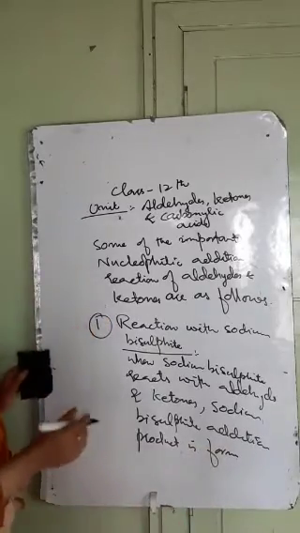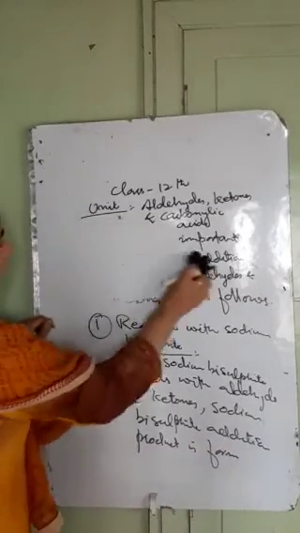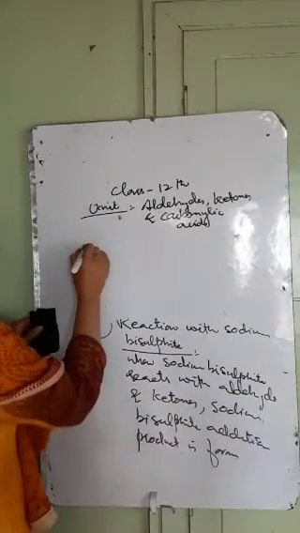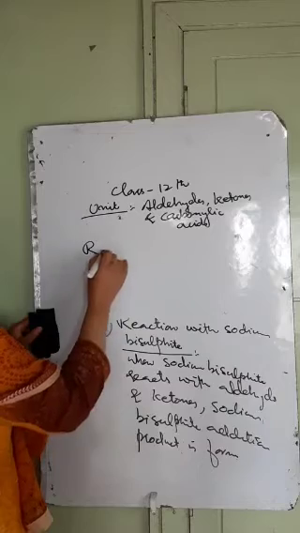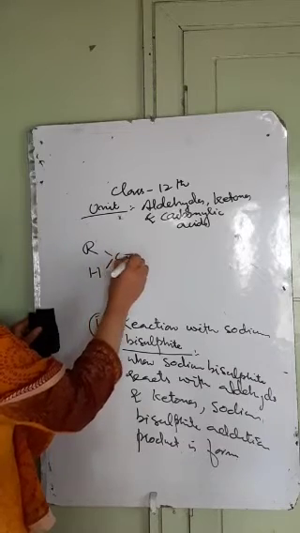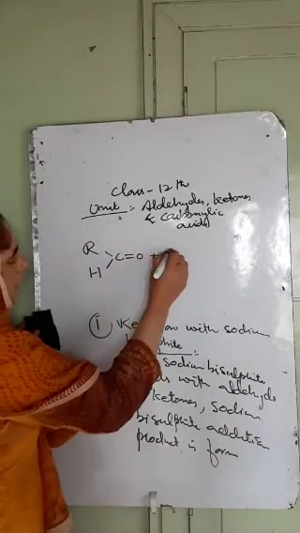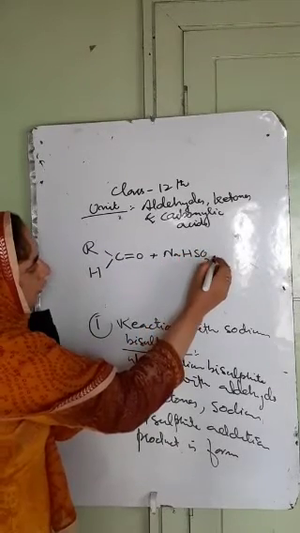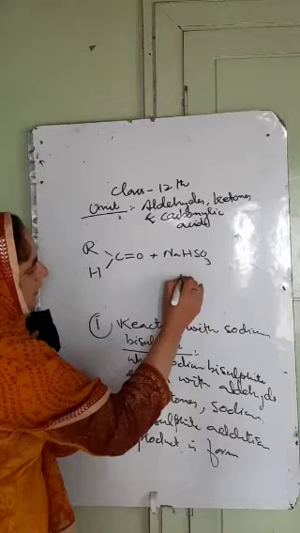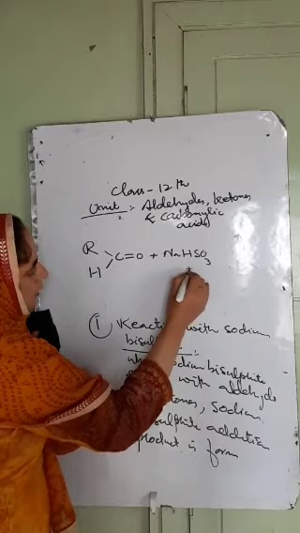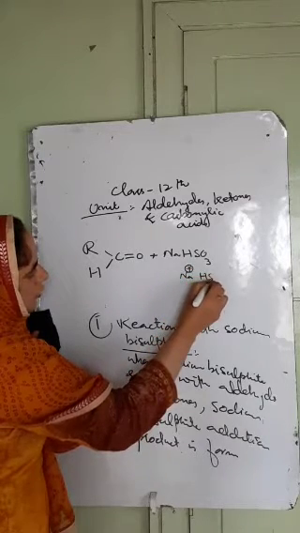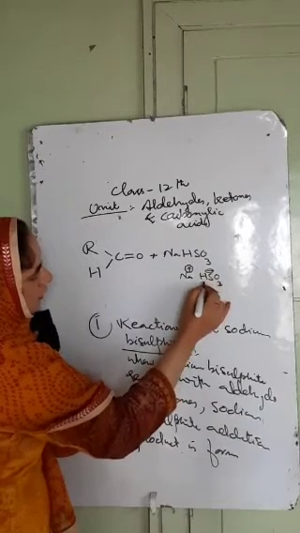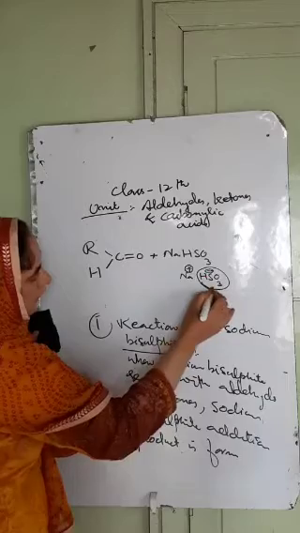Below we will write the reaction. Aldehydes, R-C double bond O, here comes NaHSO3. Here Na is positive and HSO3 is negative. So this part will act as a nucleophile.